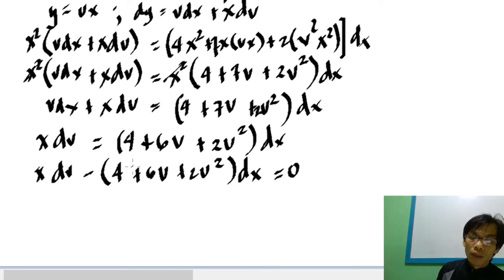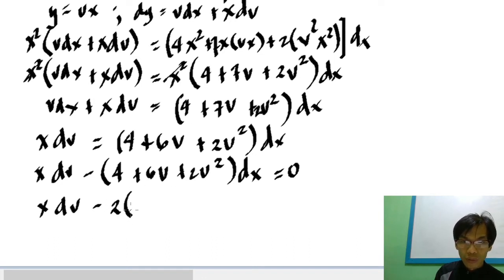Okay, so this equation can already be separated. The variables can already be separated, but before we separate, we have to simplify this one. So we have x dv is equal to minus, let's bring out 2 in here.